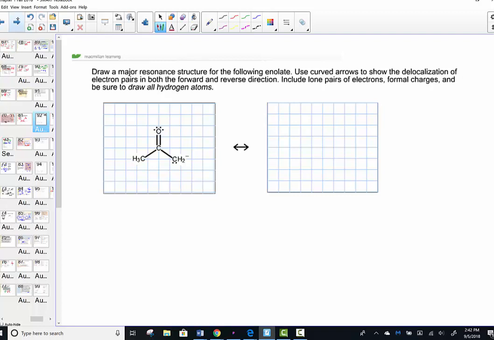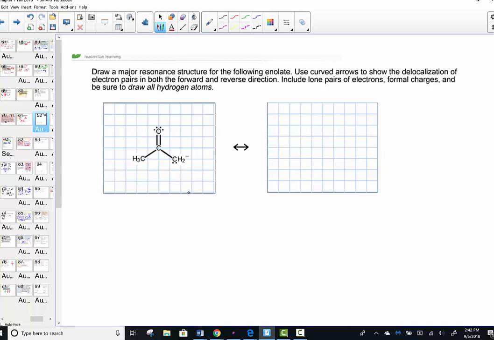Now here's a Sapling problem. Draw a major resonance structure for the following. Enolate is the name. Use curved arrows. So when you click on your Sapling, you'll have one of these toolbars that come up with a curved arrow. Make sure it's a double-barbed arrow to show the delocalization of the electron pairs in both the forward and the reverse direction.